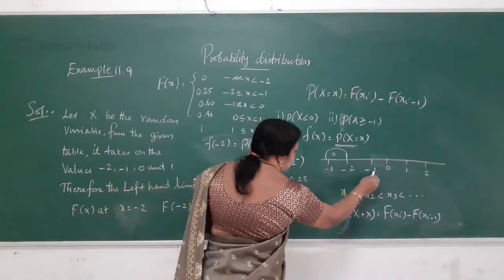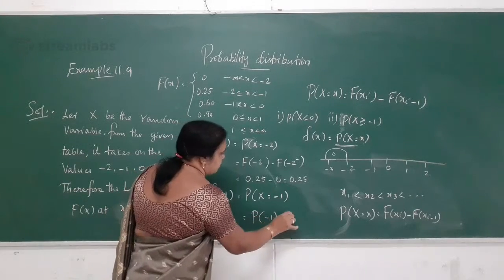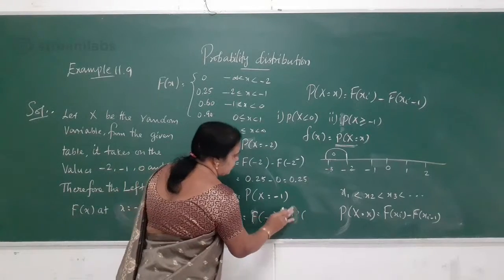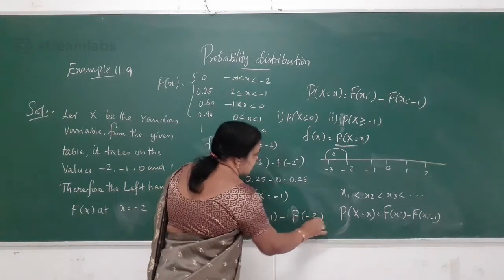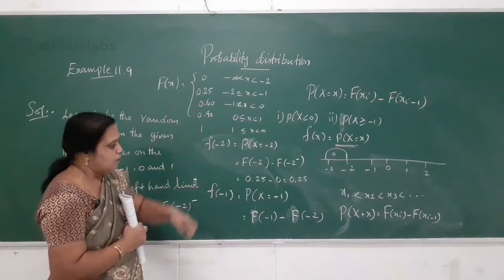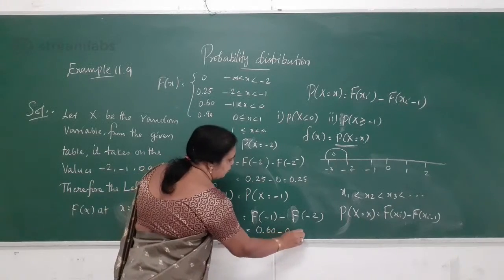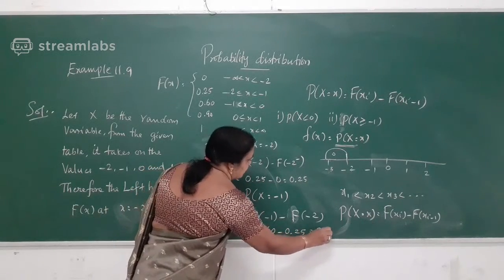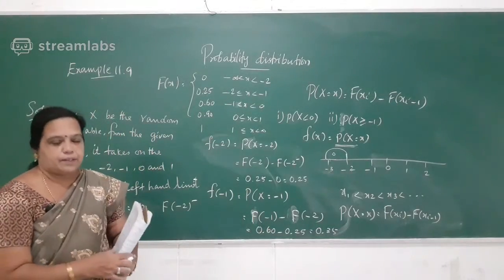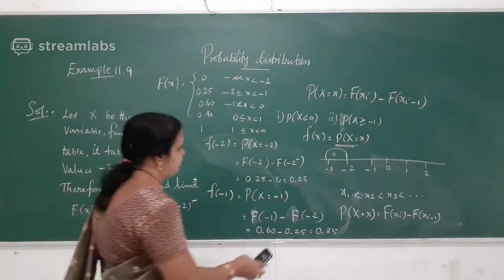The formula is f of minus 1 minus f of minus 2. Where are we getting the minus 1 value? See, 0.60. We write 0.60 minus 0.25. What are we getting? 0.35. It is jumping here.